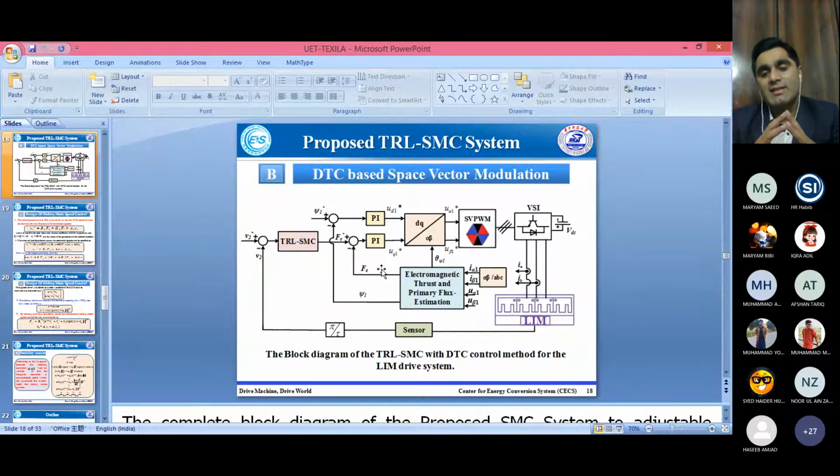In DTC, one disadvantage is that it is faster but has a higher ripple than the field oriented control method. To replace this DTC, you can use MPC, model predictive control. When you use model predictive control instead of DTC, you can get a better response in terms of the thrust ripple.